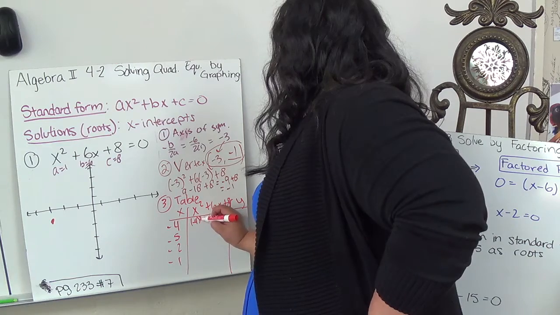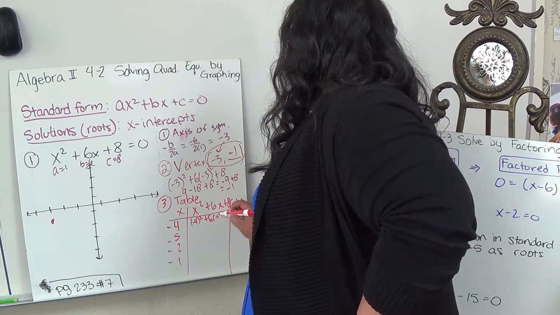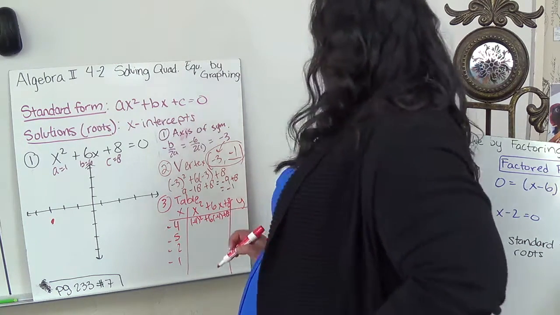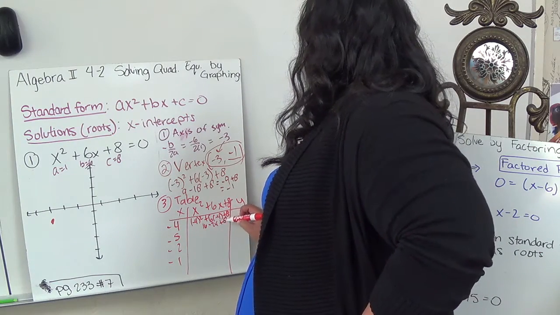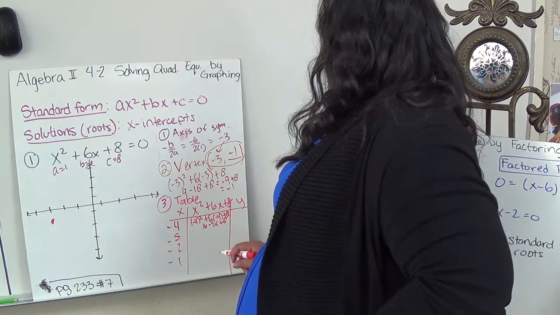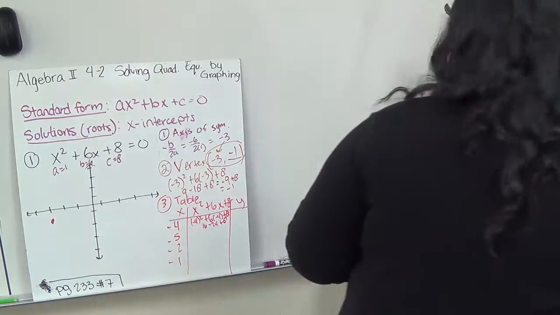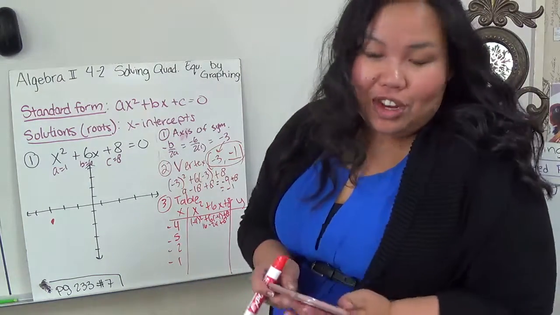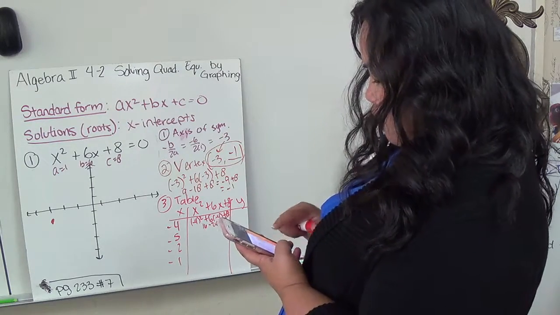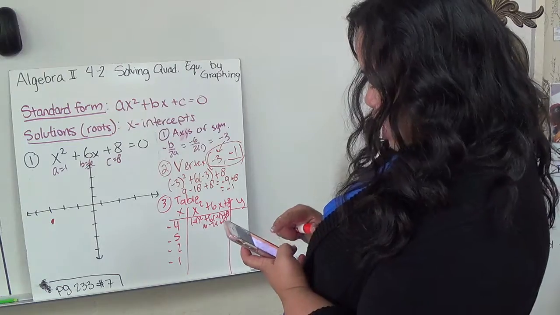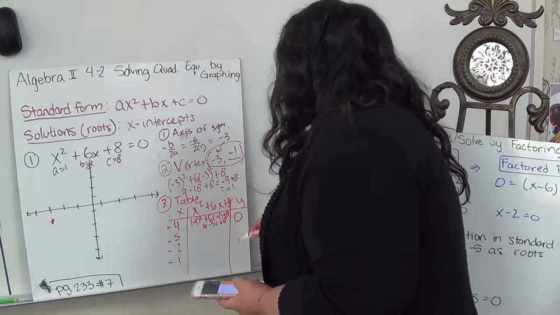Negative 4 squared plus 6 times negative 4 plus 8 is 16 minus 24 plus 8. I'm going to use my calculator. 16 minus 24 plus 8, 0.